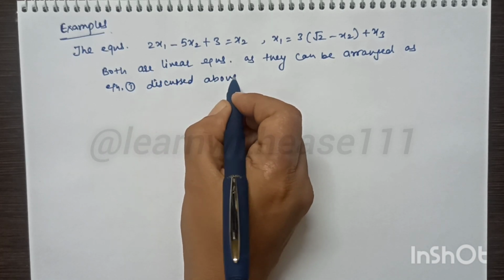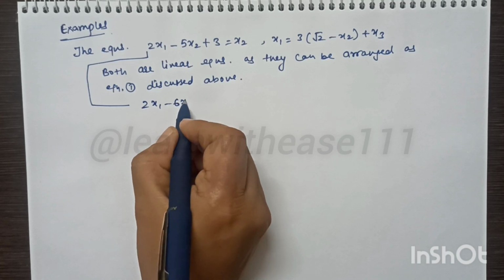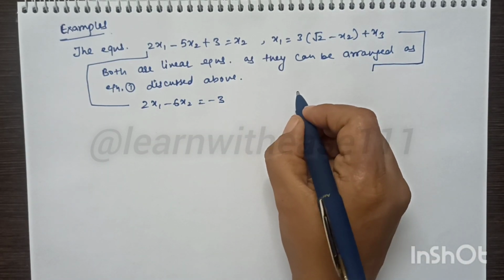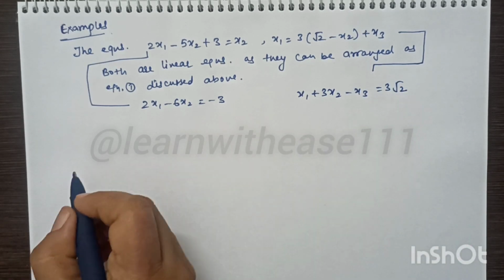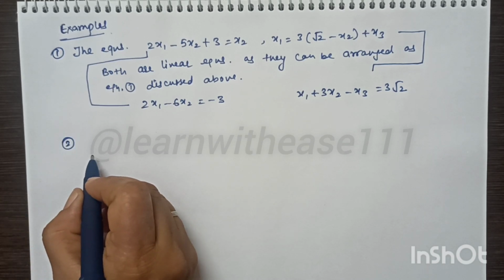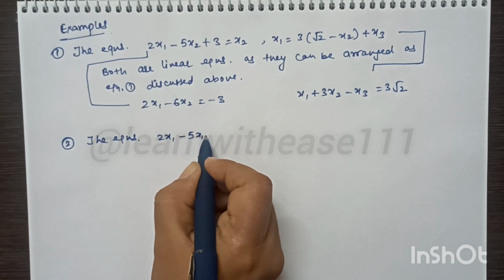We can simplify them: the first equation can be written as 2x1 minus 6x2 is equal to minus 3, and the second as x1 plus x2 minus x3 is equal to 3 root 2. So these are expressible as a1 x1 plus a2 x2 types.